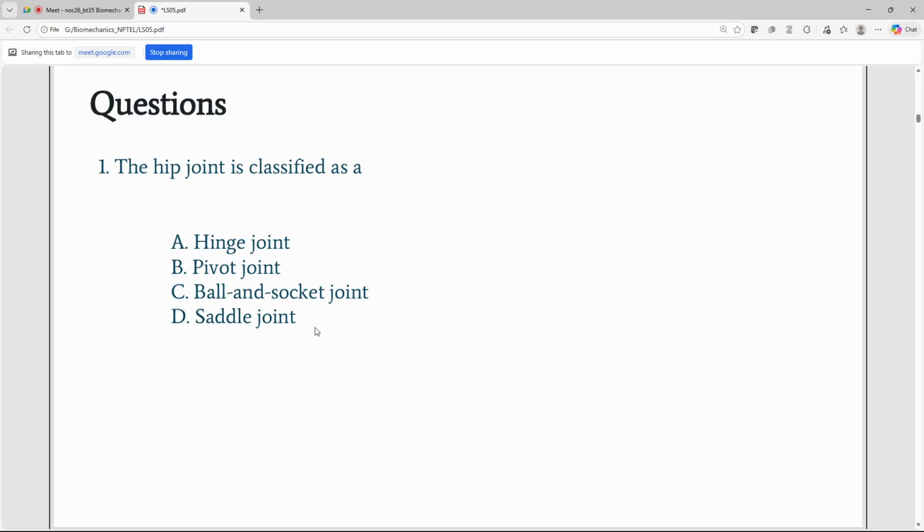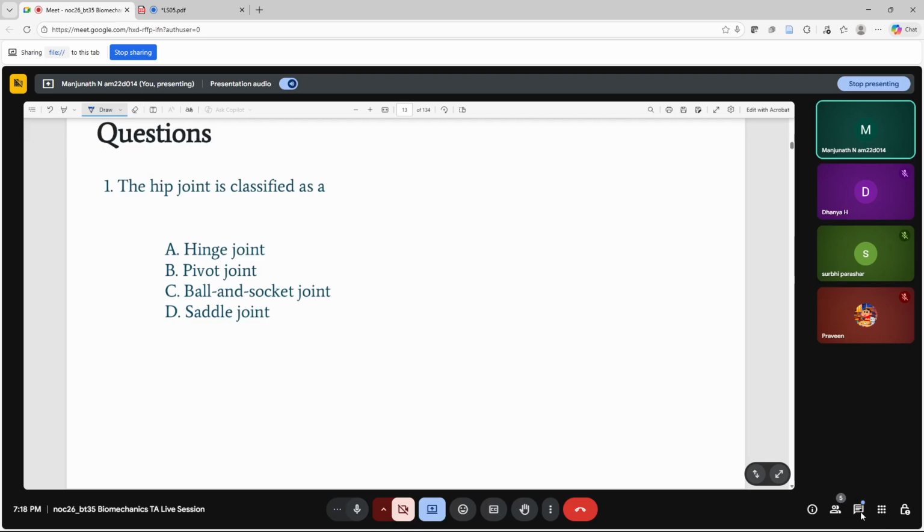What type of joint is the hip joint? Is it a hinge joint, pivot joint, ball and socket joint, or saddle joint? You can inbox your answers.